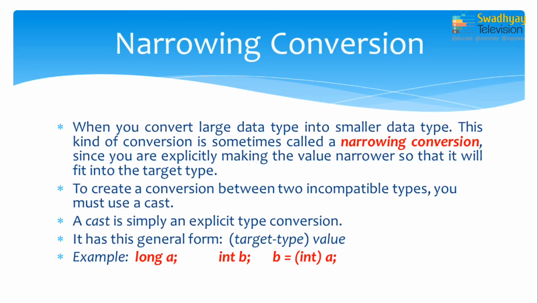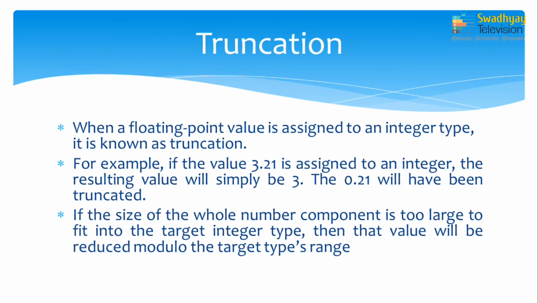We have long data type A and integer data type B. Now, I want to store the value of A into B. B may not be able to accept the value because it may be outside the range of B. So, in this case we have to explicitly specify that I want to take the long value and convert it into an integer value. The general form of typecasting is that we have to specify the target type in parentheses and then the value. This type of conversion is known as narrowing conversion.